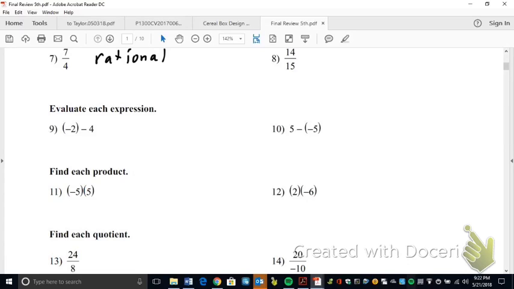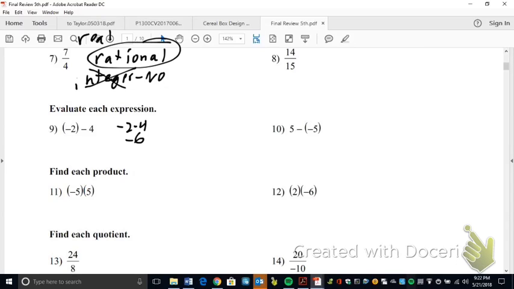Now we get into evaluating. What's the difference between evaluating and solving? If we're evaluating, we get -6. If we were solving it, it would be x equals -6. In order to solve something, you need an equal sign.